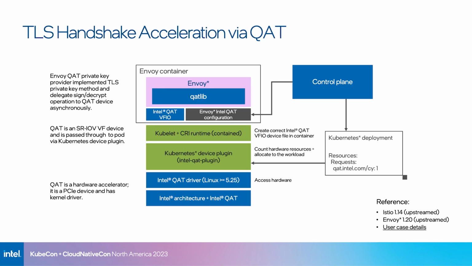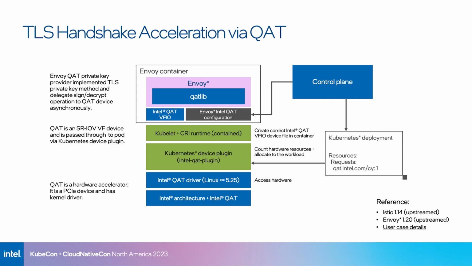The TLS handshake is a very CPU-intensive operation. A service mesh gateway will handle a lot of concurrent new connections, and TLS handshakes take a lot of CPU cycles. One solution for handshake acceleration is via Intel Quick Assist technology, or Intel QAT for short. Intel QAT is a hardware accelerator which is available starting from the 4th generation Intel Xeon processor.